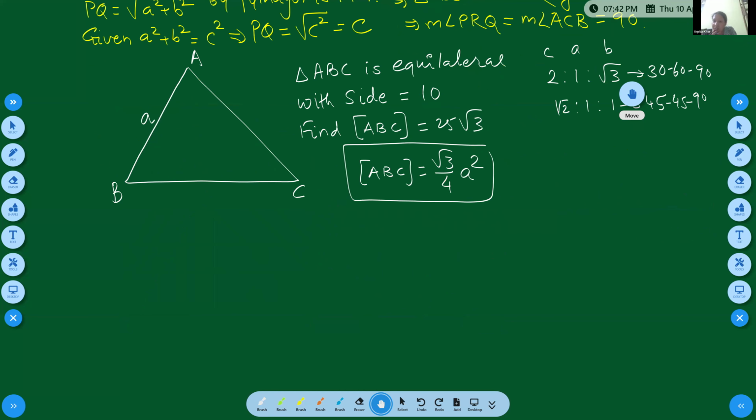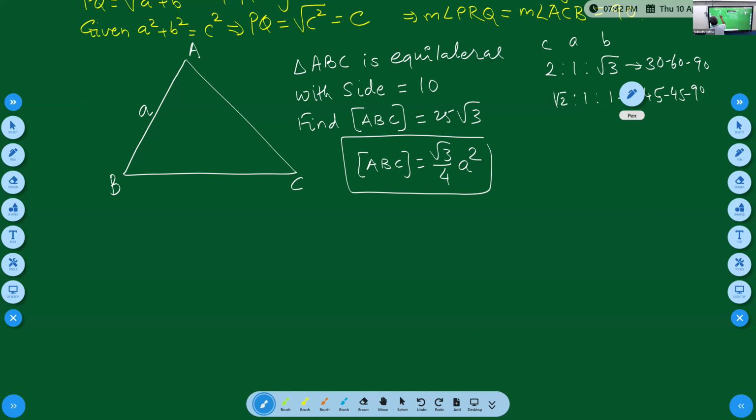Sir, if you drop the perpendicular, you have 30, 60, 90. Sir, why 25√3? 100 divided by 4 is 25.